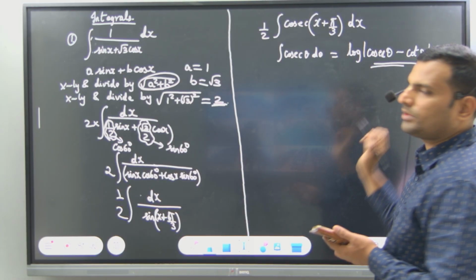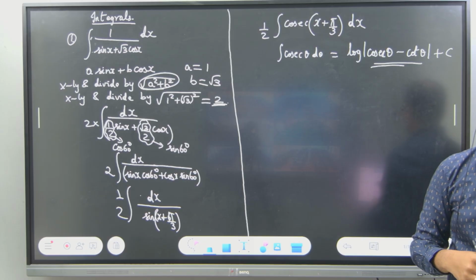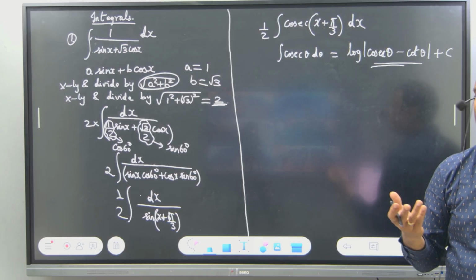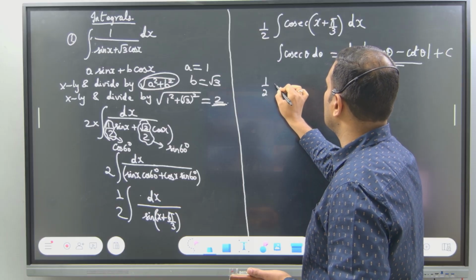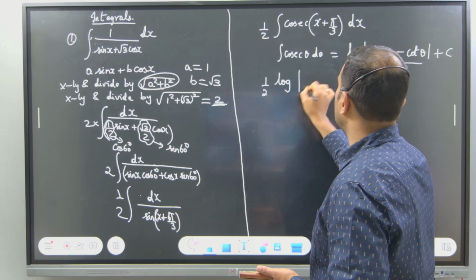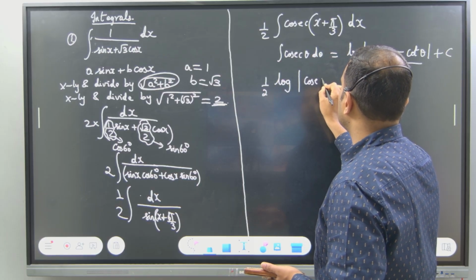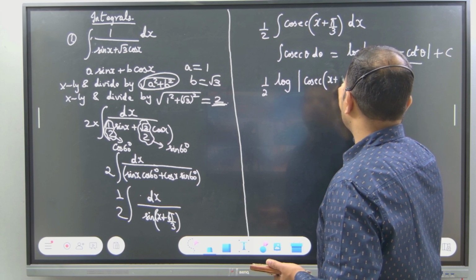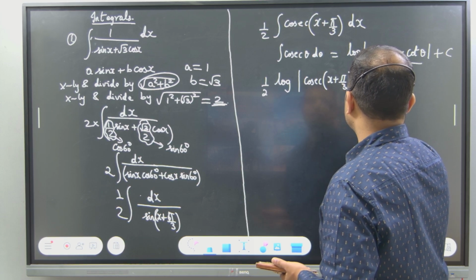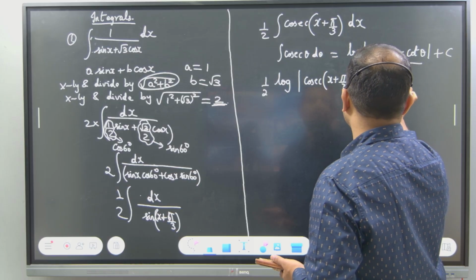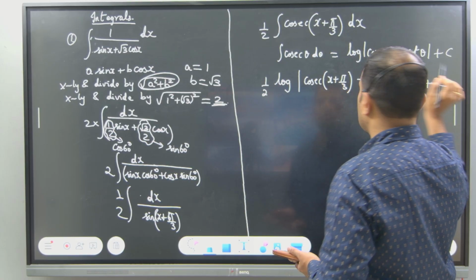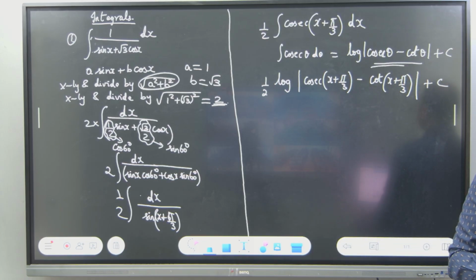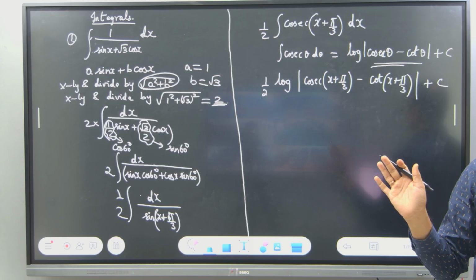Yes or no, students? Yes? Why is nobody answering? So what is the answer here then? Half log mod cosecant of x plus pi by 3 minus cot of x plus pi by 3 plus c. Any doubts so far, students?